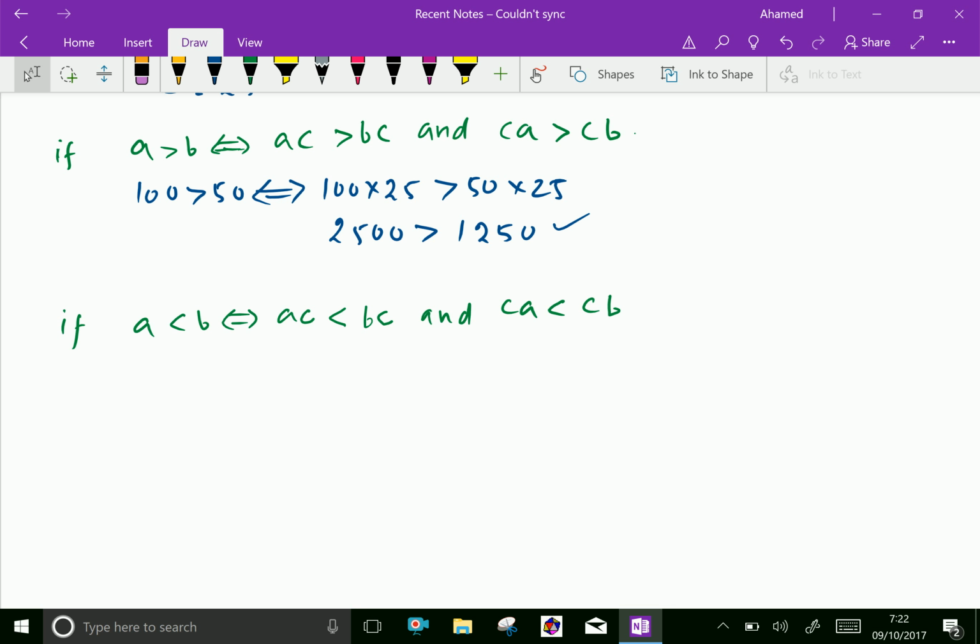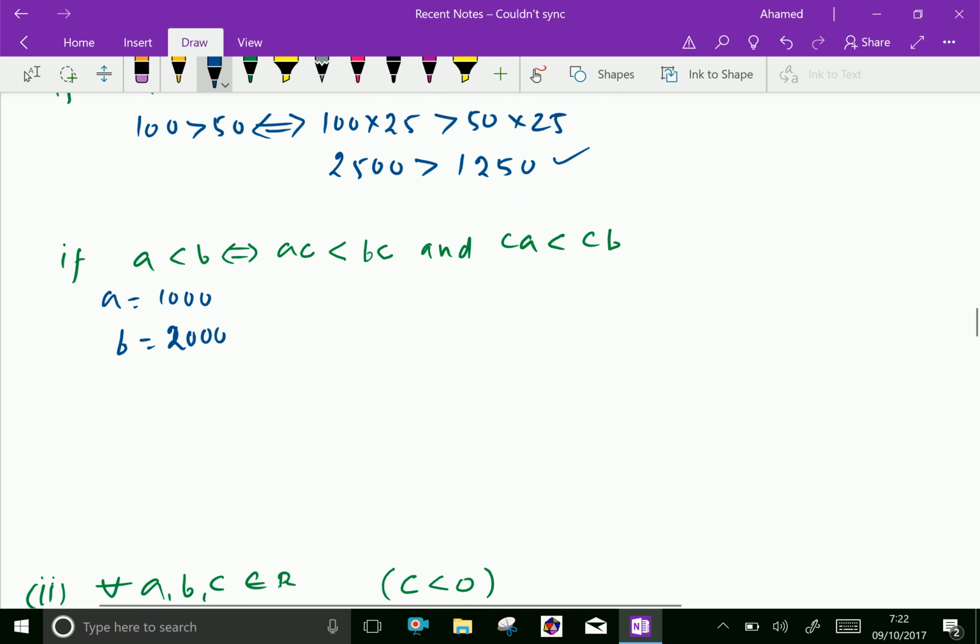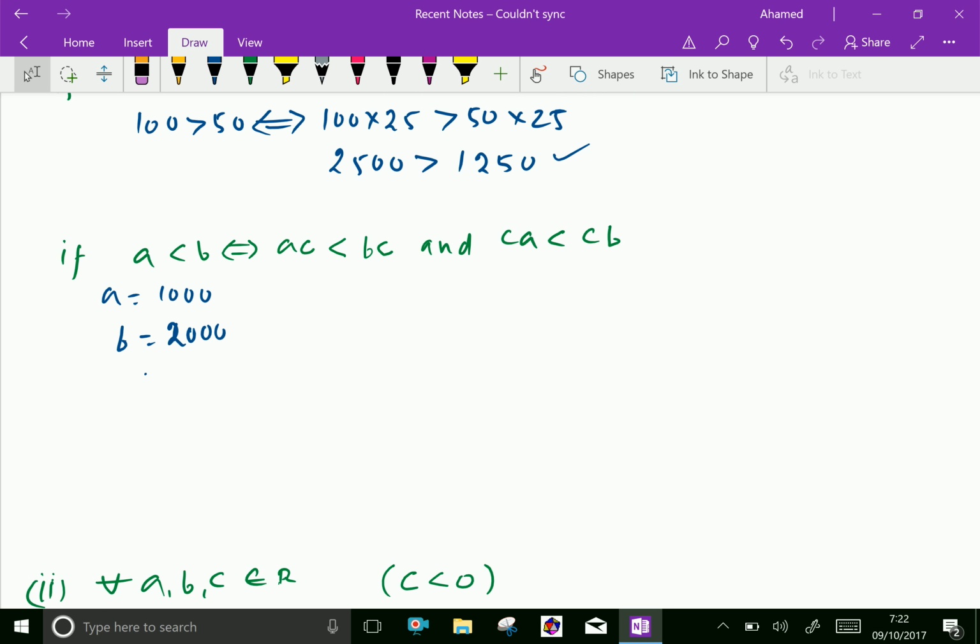If A is lesser than B, suppose A we took 1000, B we took 2000, then we can say 1000 is lesser than 2000.